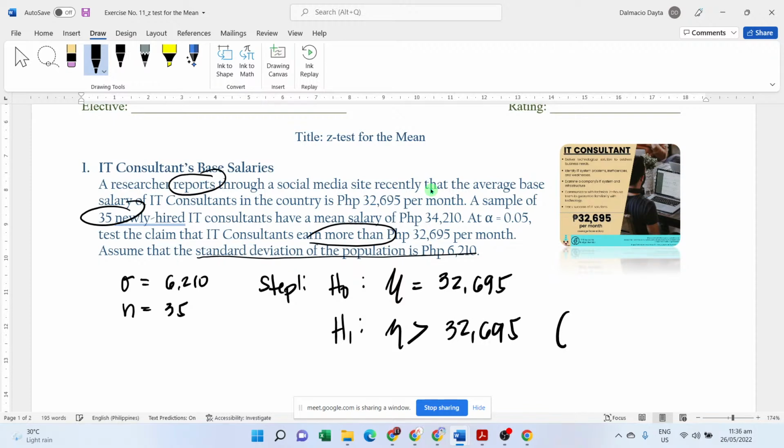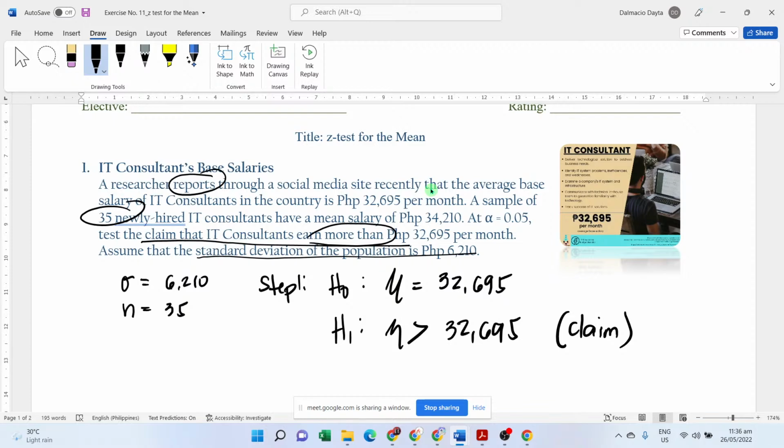And this is also in step 1, we identify which of the two hypotheses is the claim. Test the claim that IT consultants earn more than 32,695. So this is our claim. It will help you later on to state your conclusion.